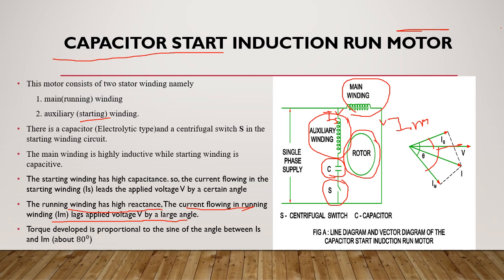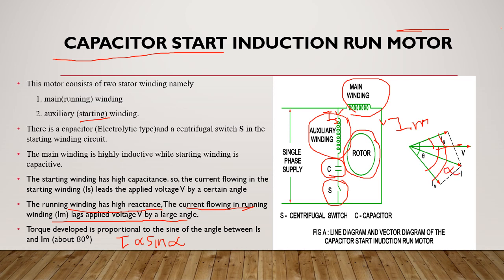And the torque developed, as we explained before, is proportional to the sine of the angle between IS and IM, that is alpha. You see, this is IS and this is IM, and this is angle alpha.